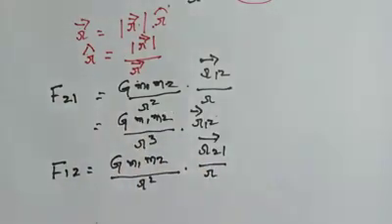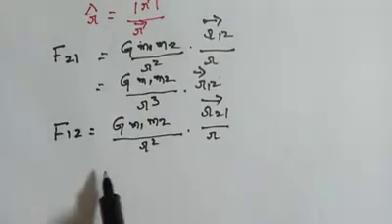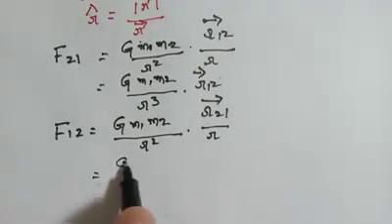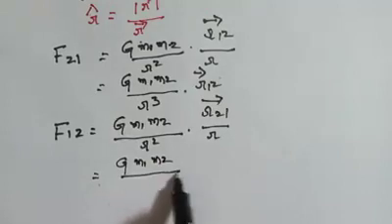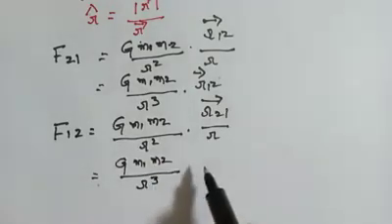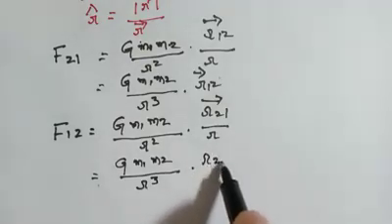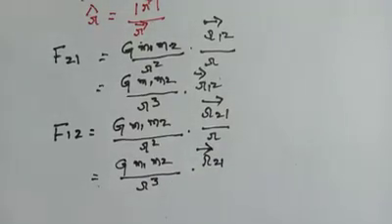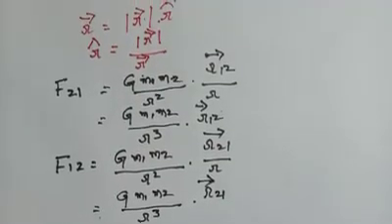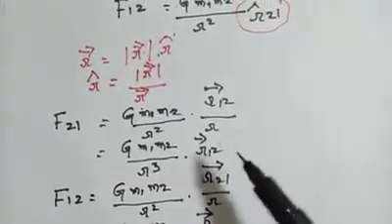So what we get from here is G m1 m2 divided by r cubed multiplied by r21. So you see, this is one part of representing Newton's law.